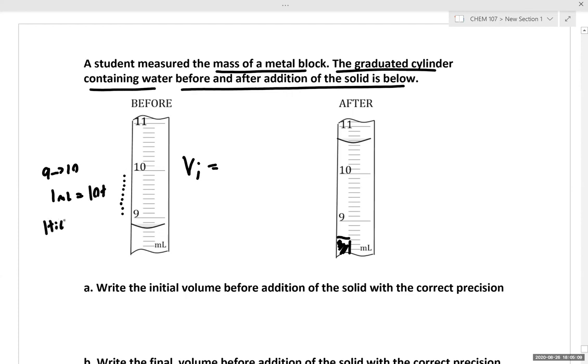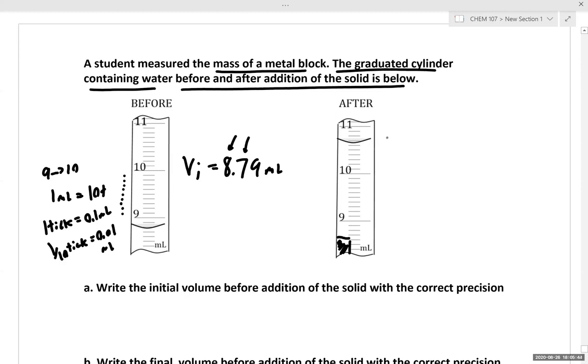So then 1 tick is equal to 0.1 milliliters, and a tenth of a tick is equal to 0.01 milliliters. So our initial volume is about at 8.8. So we'd write our initial volume as 8.79, for example, where our first 2 digits are certain and we estimate 1 additional digit.